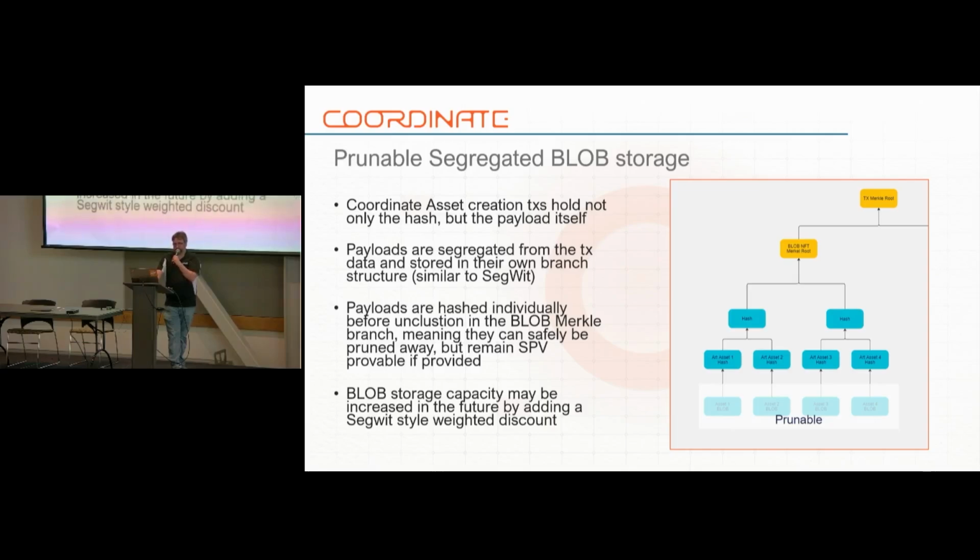And then, well, what do we do about these ordinal inscriptions? Because clearly there's some demand for that. So what we did is we created prunable blob storage. We created an entire leaf that's dedicated to storing these things, and it's completely prunable by anybody who does not want to opt in to storing these assets. You could also use a UTXO model too, because we keep the hashes of all of the assets on even the pruned chain.